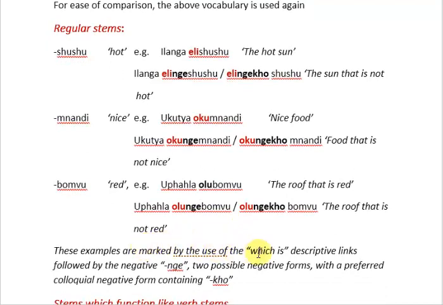So these examples are marked by the use of the which is descriptive link, followed by nge, and there are two possible negative forms with the preferred colloquial negative form containing the ko. So again, go over the examples and get used to the rhythm of the word.